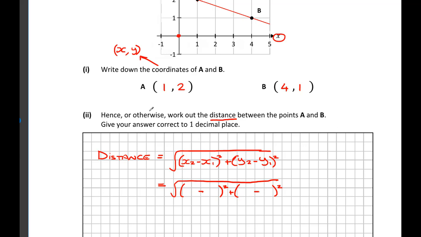Let's call that x1, y1. And you can call that x2, y2. Okay, so let's do it. So x2 is 4, x1 is 1, y2 is 1, and y1 is 2. Okay, make sure you have that minus in.